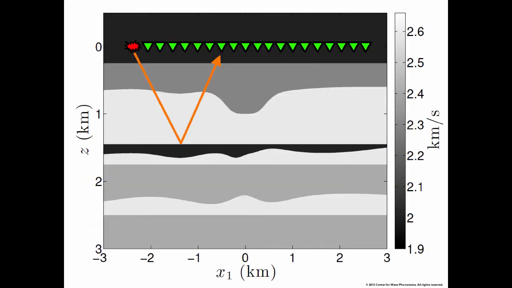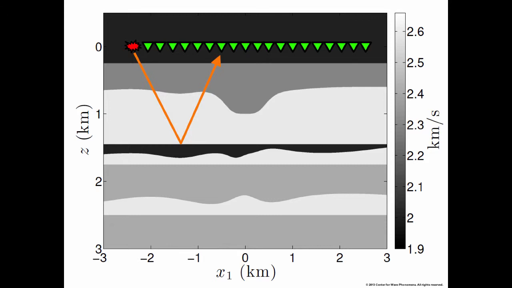Let me start by reminding you why internal multiples are bad when we try to image them using conventional techniques. It is because almost all current imaging techniques assume single scattering.